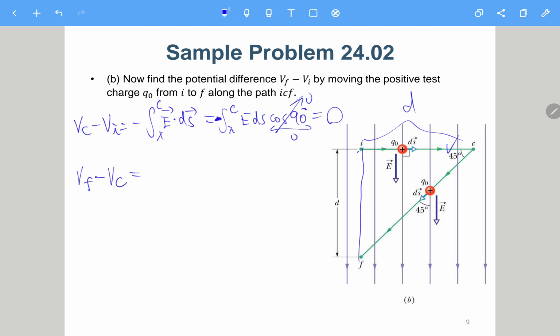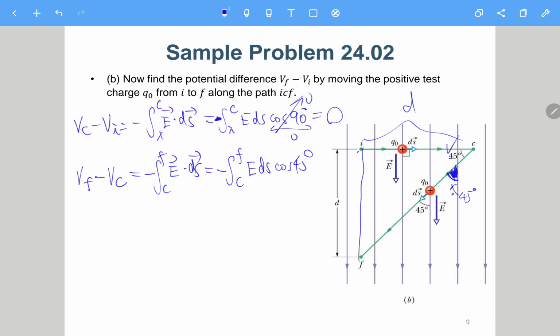Here, considering negative integration of E dot ds from C to F, it is like negative integration of CF of E ds cosine of 45 degrees. The angle between the E field and the ds vector is this angle, so this is 45 degrees.